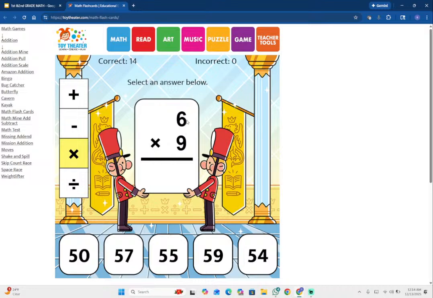Okay, so we're using 6 sets of 9. So 9 plus 9 plus 9 plus 9 plus 9 plus 9.